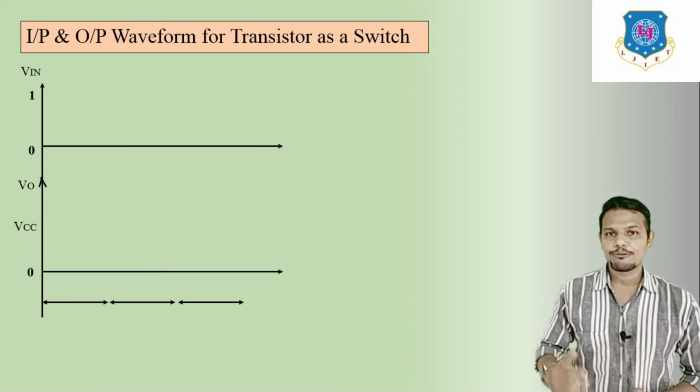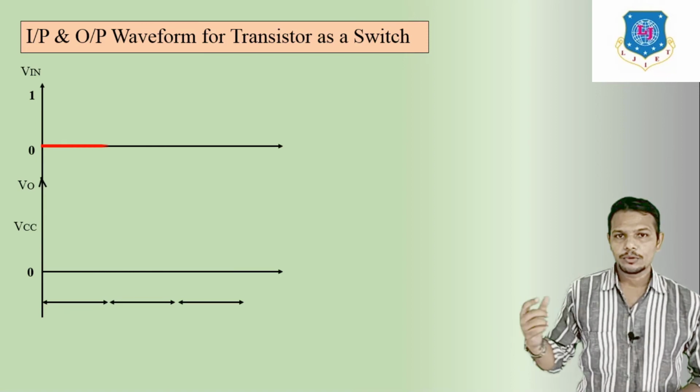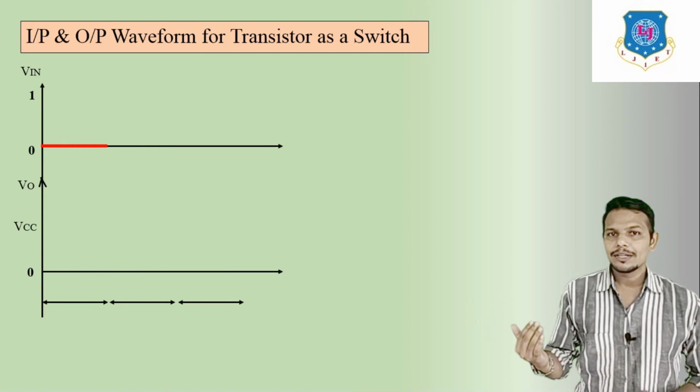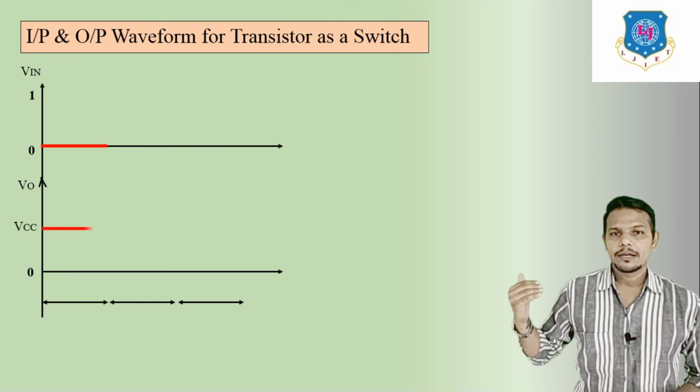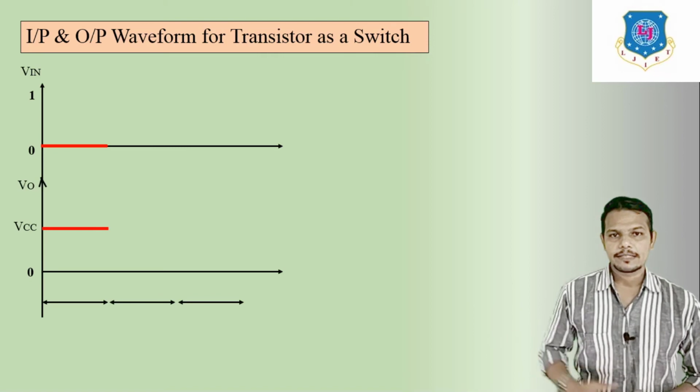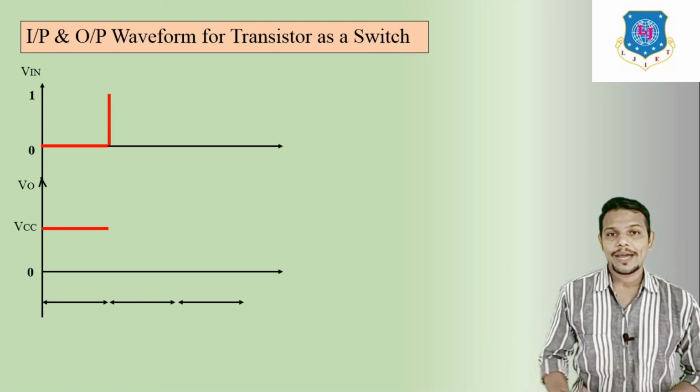So if we apply a 0 value as the input, you will get 1 in your output voltage like this. Now this is the square wave.